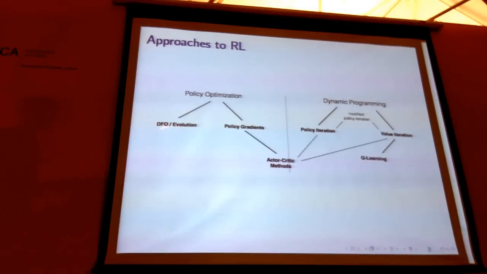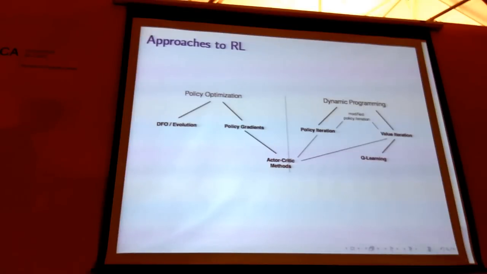So that's derivative-free optimization or evolutionary algorithms. These methods look at the whole process for generating rewards as a black box that takes in the policy parameter and outputs a noisy performance number. And these methods are actually the simplest to implement, and they work surprisingly well.